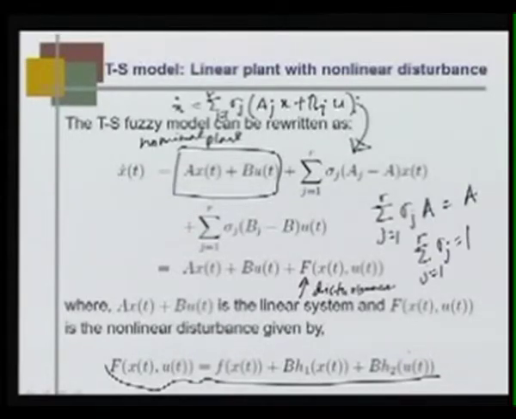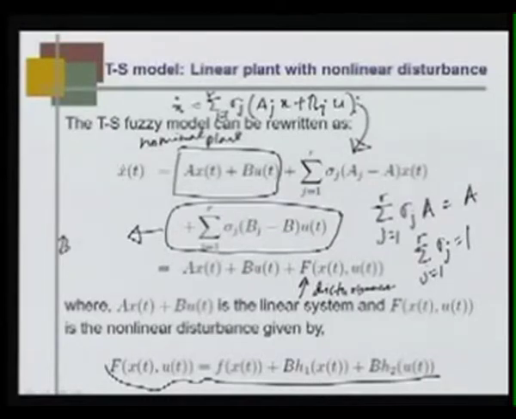Okay. So, this is simply f x t, b h 1 x t, b h 2 u t. You can easily see that b h 2 u t is obviously taken into account of this. This one is actually b h 2 u t.